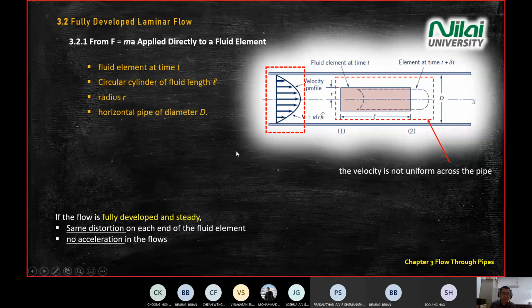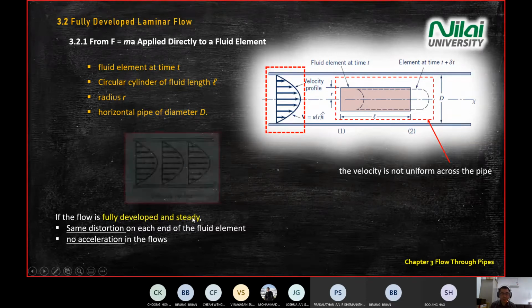No acceleration means the velocity does not change from one point to another point. How do you calculate acceleration? You take v2 minus v1 divided by t. In this case, our v1 equals v2, so we don't have acceleration in the fully developed steady condition.